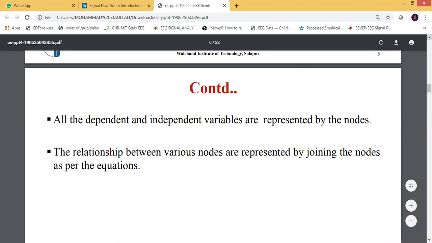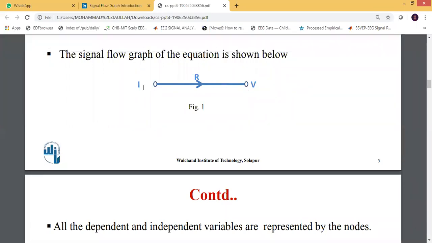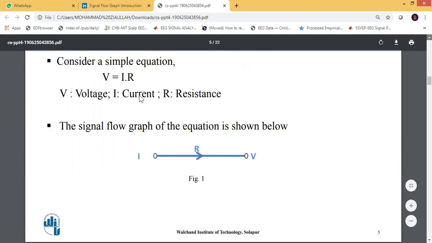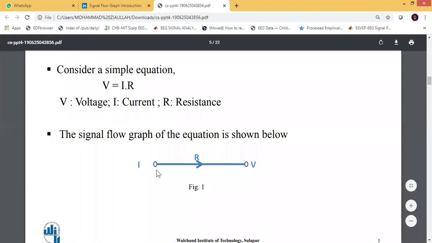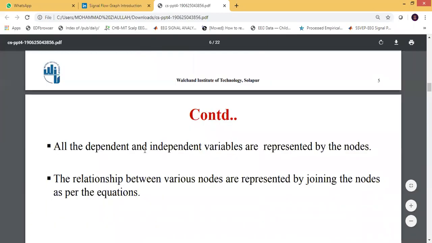If you look at this diagram, I have two nodes, one is current I and another is voltage V. So the equation V is equal to I into R consists of two nodes and one internal resistance represented by R. This signal flow graph consists of both independent and dependent variables, represented by nodes, and the relationship between the various nodes is represented by joining the nodes as per the equation.